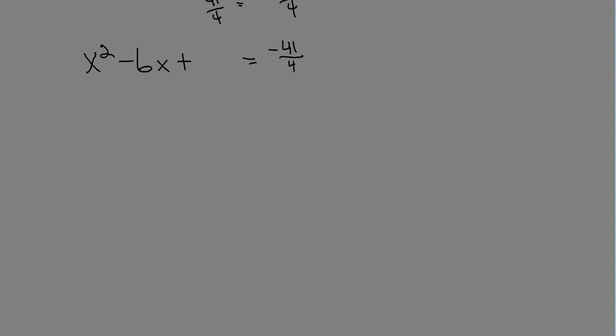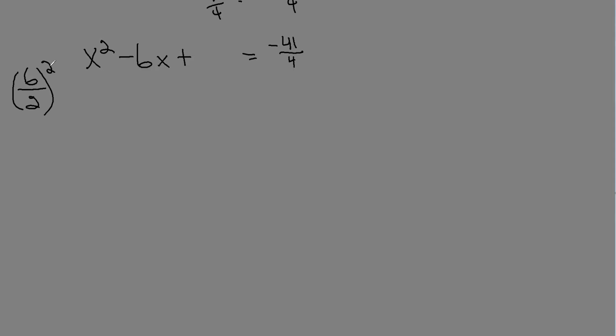Okay? Let's see, now I'm going to take the 6 on the outside, divide it by 2, and then square it, and we had this earlier. So 6 divided by 2 is 3, 3 squared is 9. So I'm going to add 9 to the left side as well as to the right side.